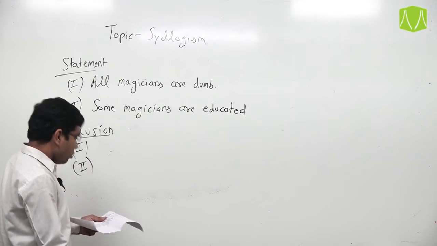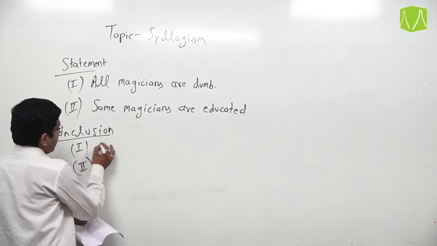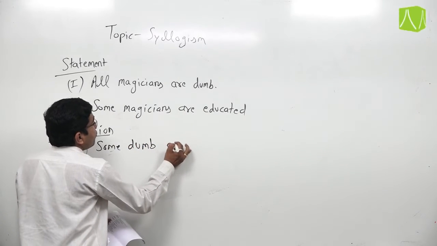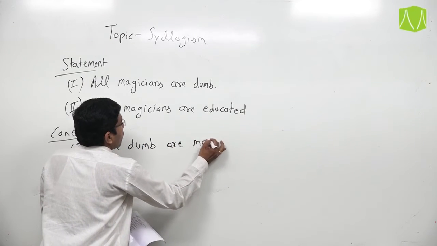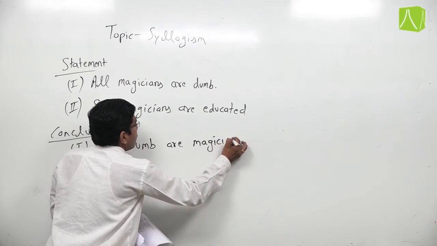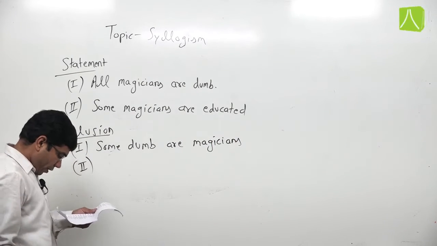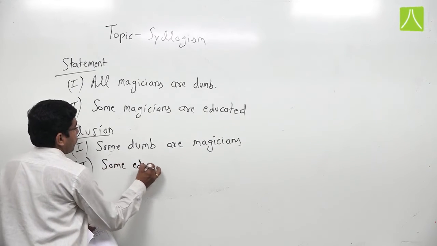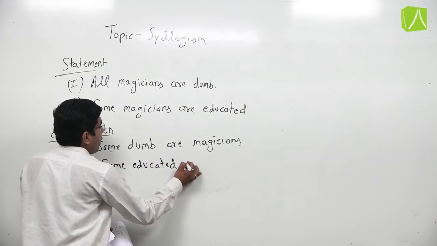Some magicians are educated. Now first conclusion, some dumb are magicians and some educated are dumb.